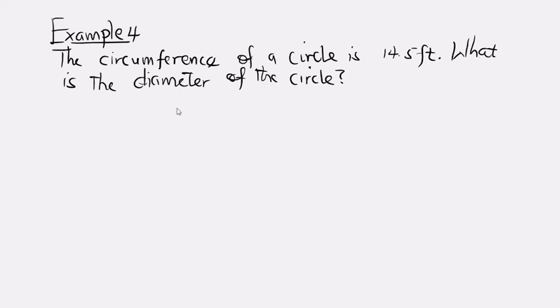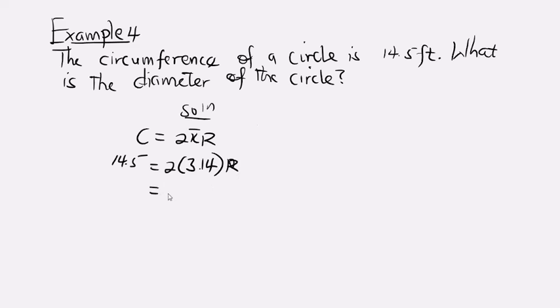In this case, we know that the circumference of a circle is given as 2 pi r, and for that matter, if circumference has been given as 14.5 feet, we just substitute the value of C as 14.5, and I'll have 2 pi, where the value for pi has been given as 3.14, times the r.